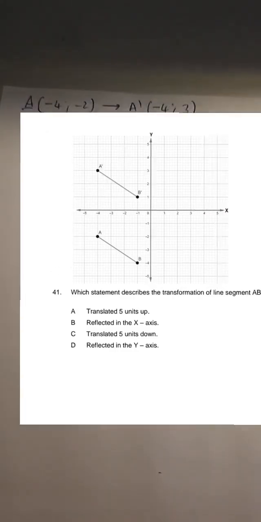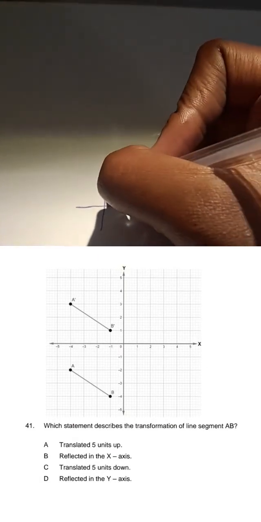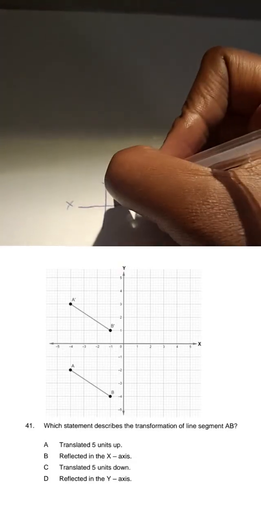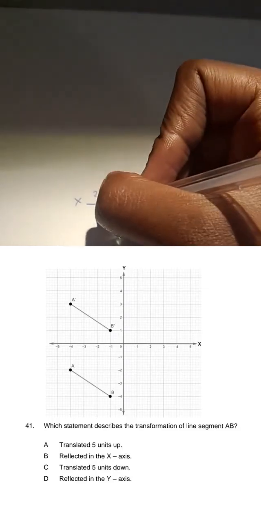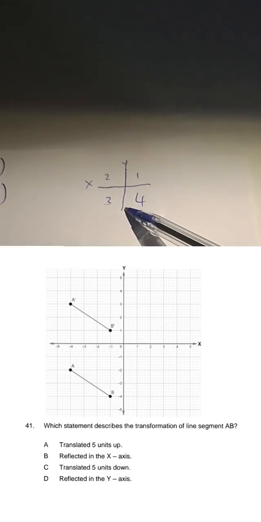If you are looking at the line segment AB, you are looking at the line segment that is in the third quadrant. I just want to help you understand what I mean by this. On a Cartesian plane, you have the Y and the X-axis. This is the first quadrant, second quadrant, third quadrant, and this is the fourth quadrant.